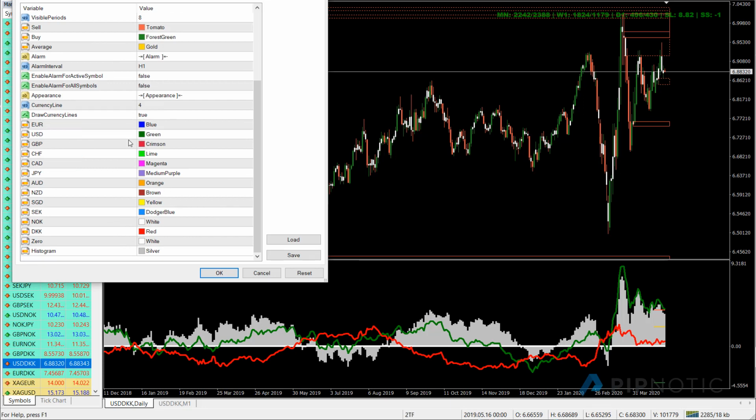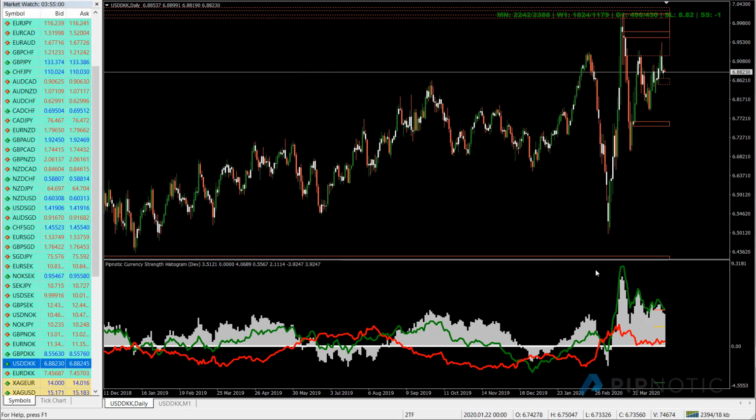The pound is crimson, because the British rose is a very bright red, but I had to reduce that to a slightly less intense color. So I reduced that to crimson, and I put the Danish kroner as red, because the Danish flag is red and white. Then we have the Swedish kroner, which is dodger blue, and the Norwegian kroner, which is white, because there's a whole lot of snow in Norway.